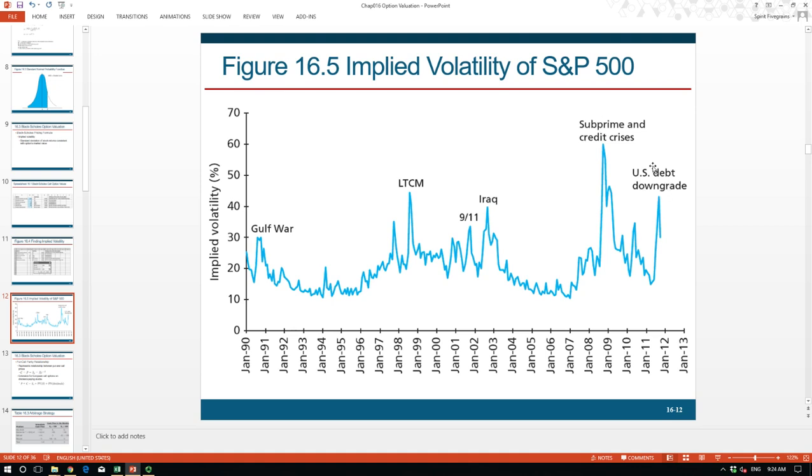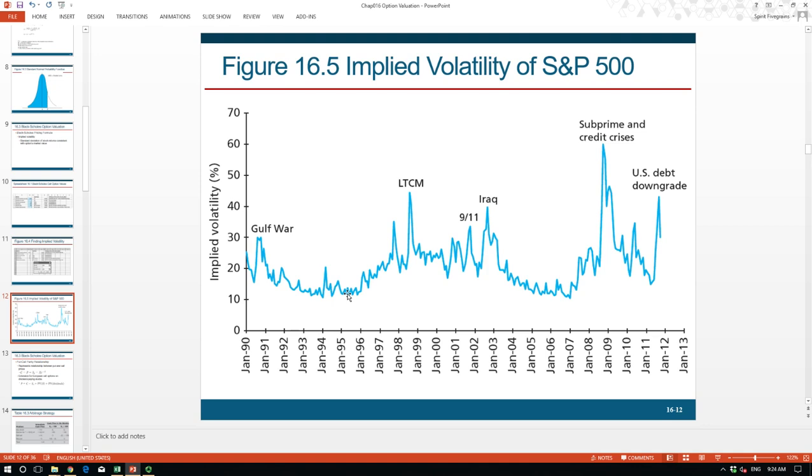At those critical moments, the market experienced a tremendous increase in volatility, and that volatility is reflected in the pricing of S&P 500 options.